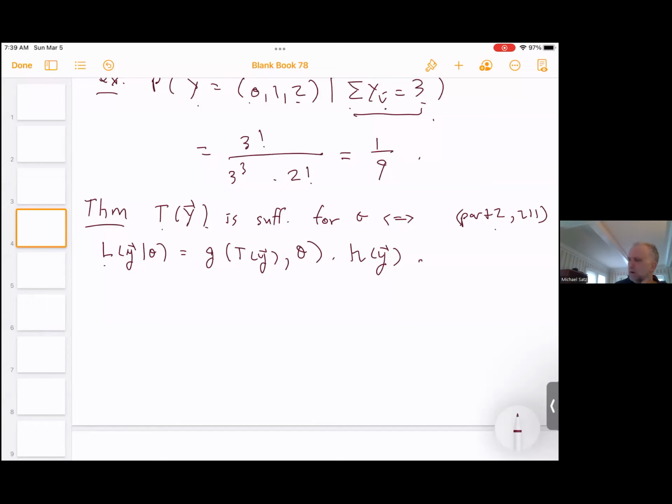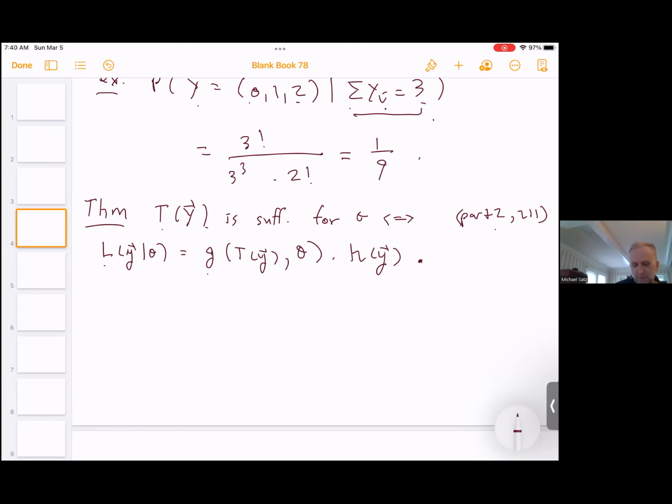L, the likelihood function for capital Y, L of little y, we write the vertical bar given theta to indicate that theta is a parameter of the distribution, can be factored as a product of two terms. This may not all be clear from this, but we'll make it clear through the examples.